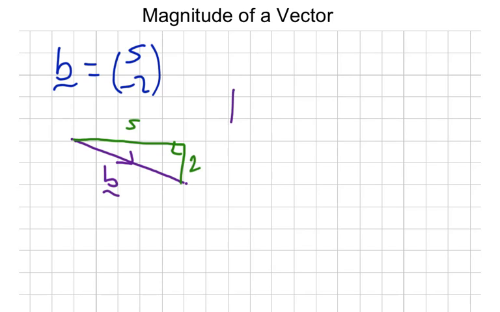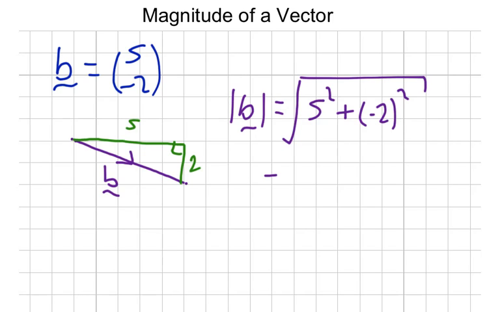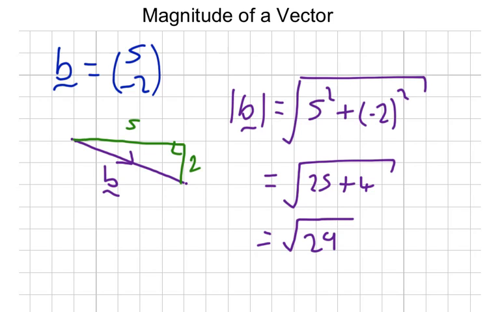So now we can do the size of vector B, and it is equal to the square root of 5 squared plus minus 2 squared, which is just the square root of 25 plus 4, which is the square root of 29.